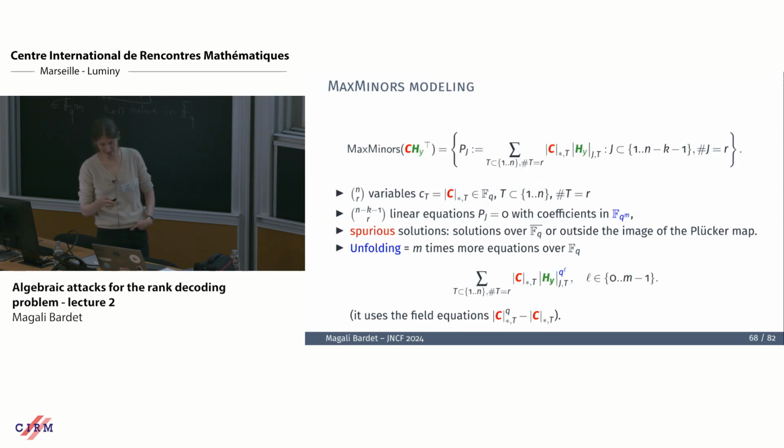Our system is now the system with all these linear equations expanded over FQ. Here I take the Q to the S power, so I have coefficients in FQ to the m, but you can change it and get a linear combination with coefficients over FQ.